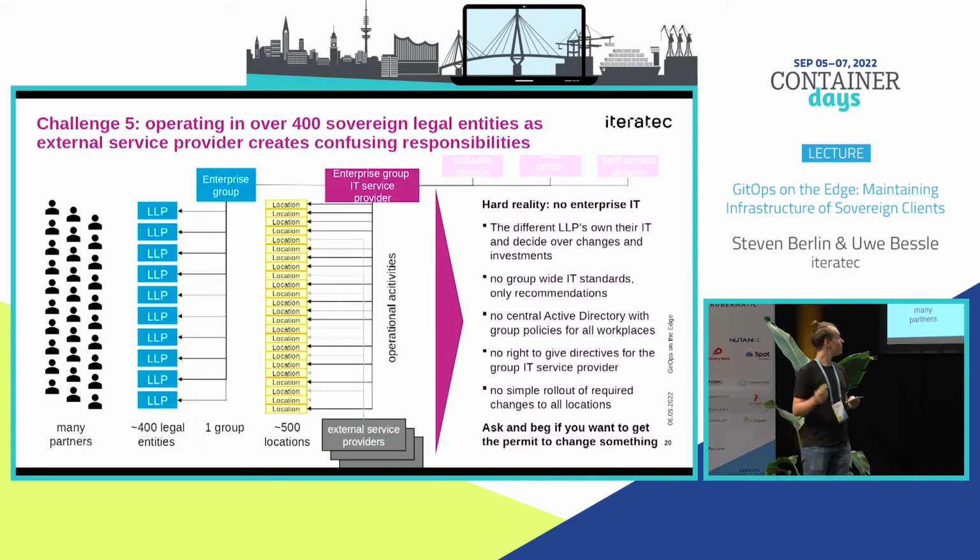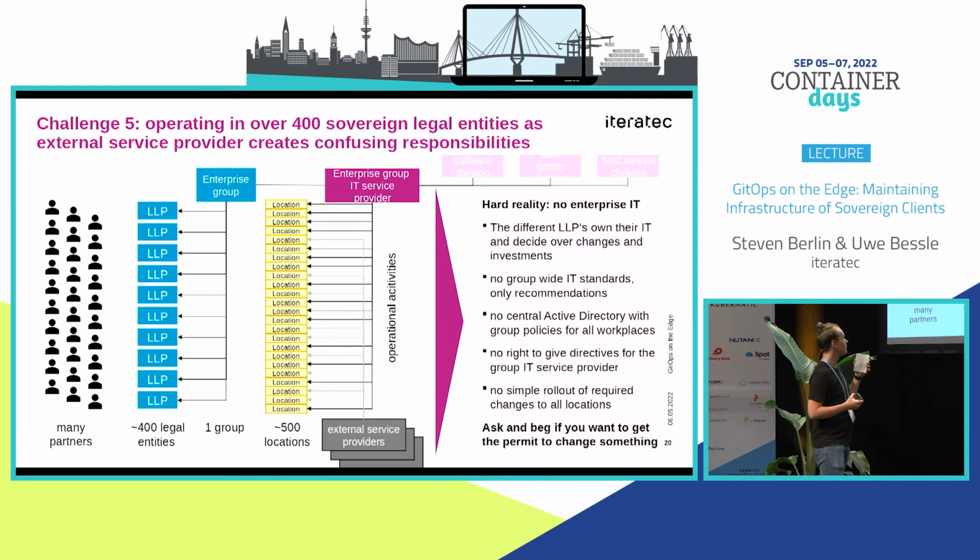Okay, heading over to the fifth challenge. Again, a big slide, many notes here. The gist of it is we have the 400 legal entities, GmbH, LLP is the translation, and those are sovereign entities.